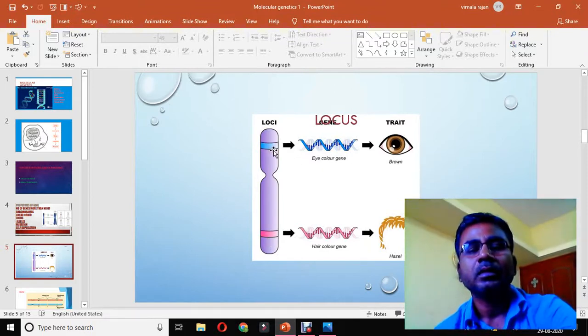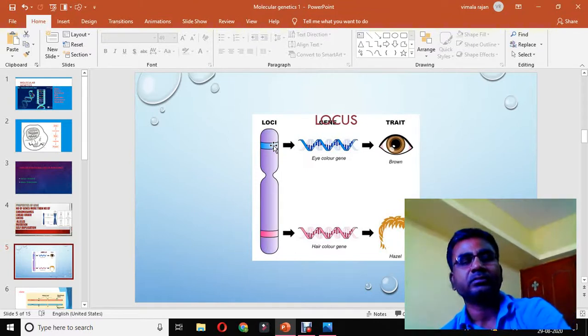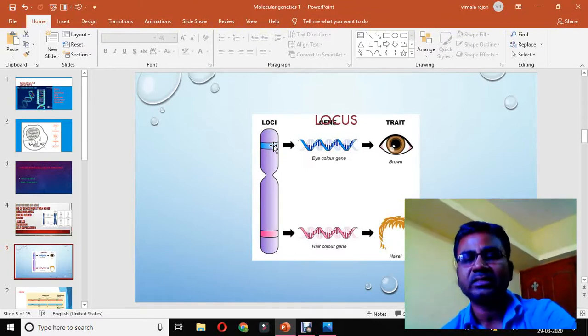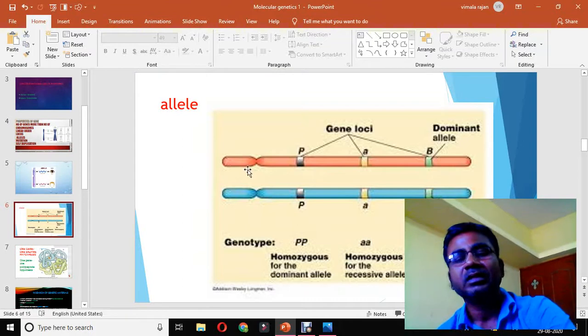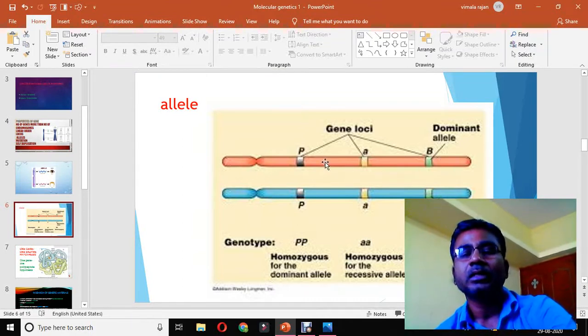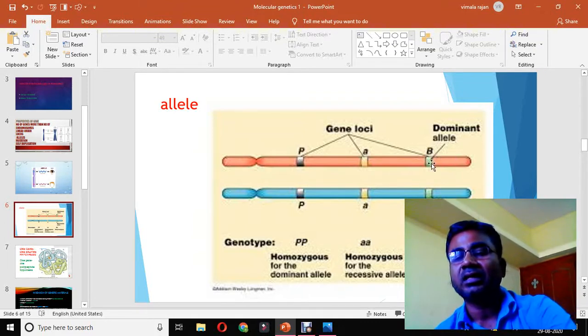And then alleles. Genes exist in different allelic forms, in alternating forms. For example, here B is a gene, capital B. What is the alternate form?